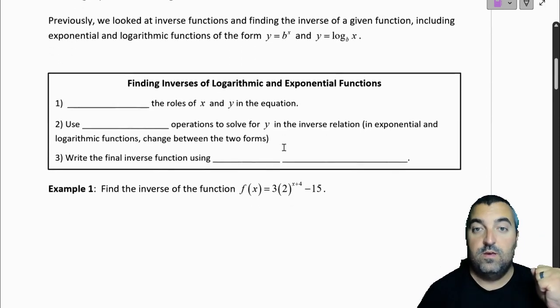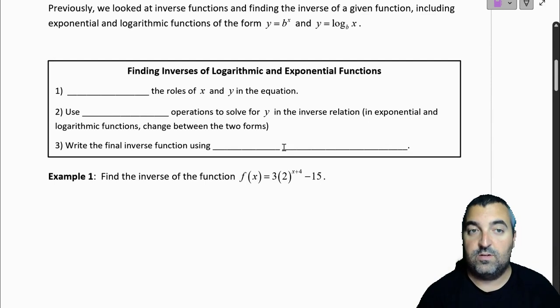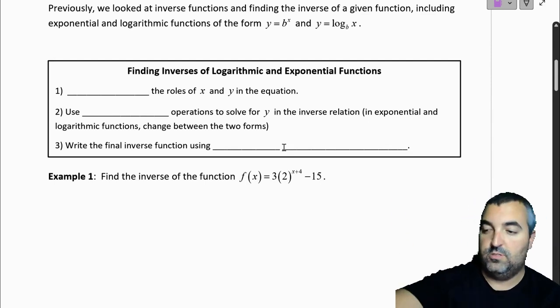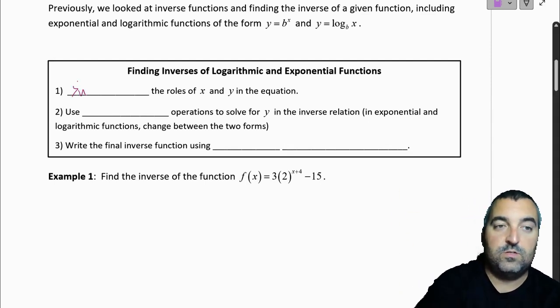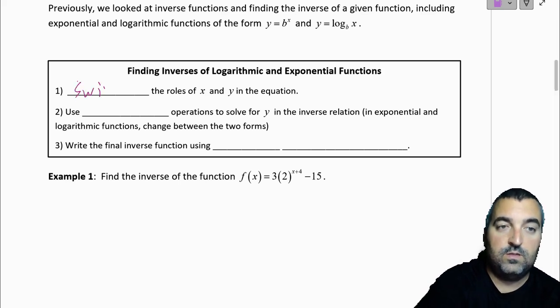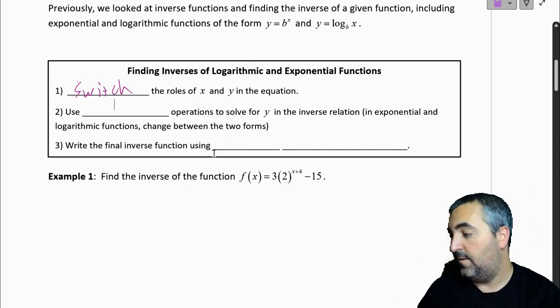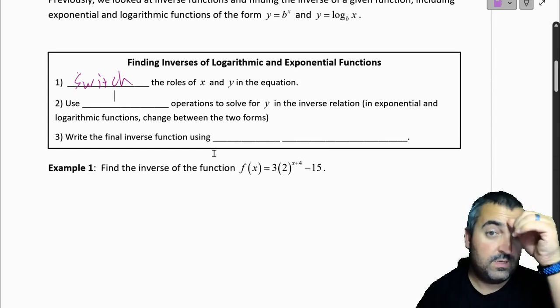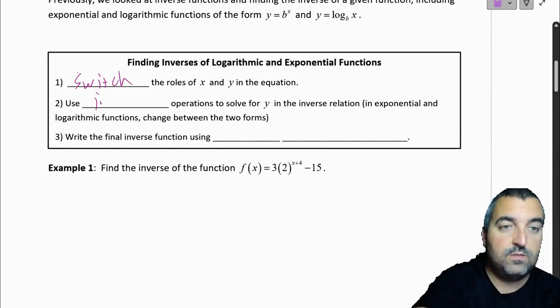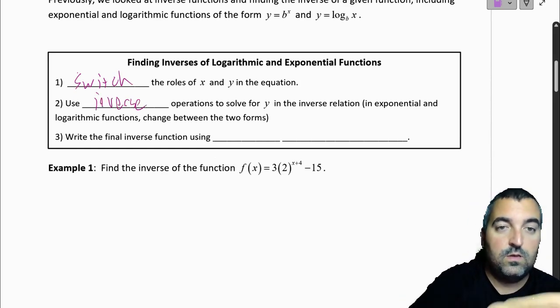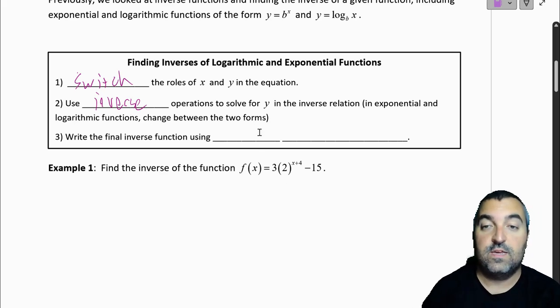Finding the inverses of log and exponential functions is just like everything else. You switch the roles of x and y in the equation. You then use inverse operations to solve for y in the inverse relation.